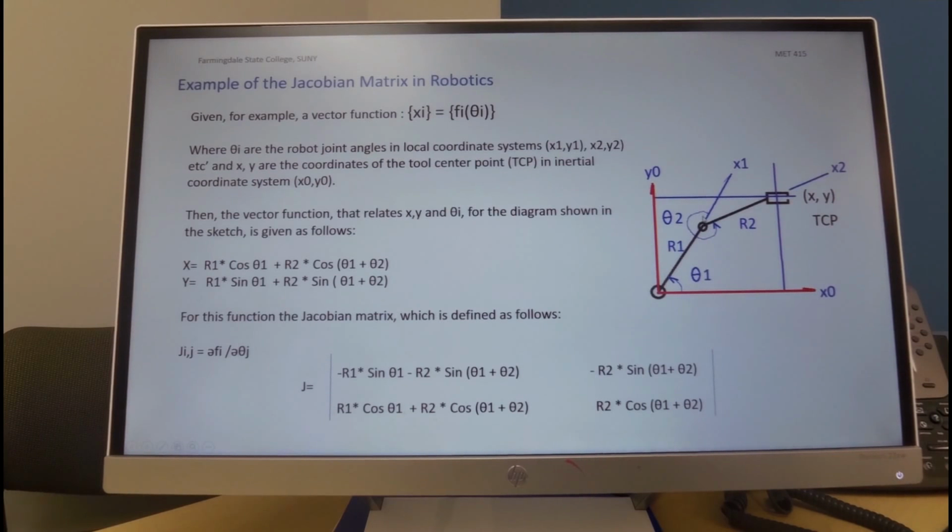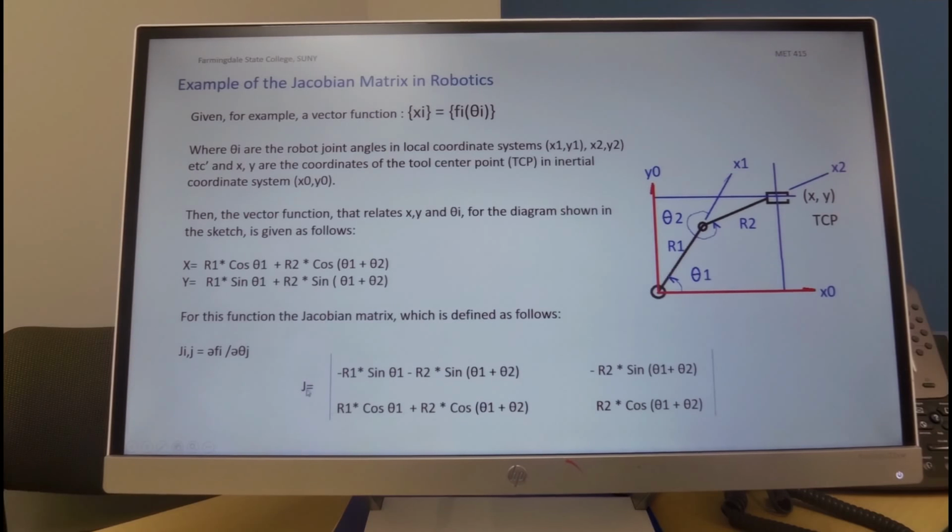It'll be easier if you extend this link beyond this line, and then it becomes very obvious. The y component is equal to r1 times the sine of theta 1 plus r2 times the sine of theta 1 plus theta 2. And this is what's written right here as an expression.